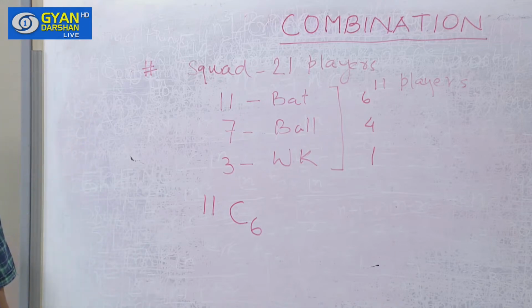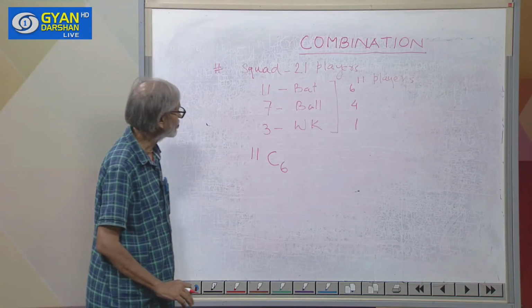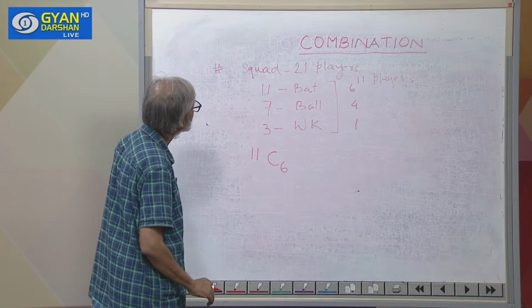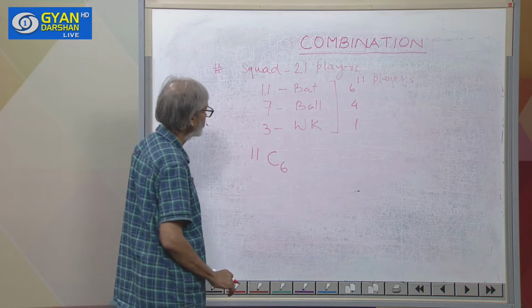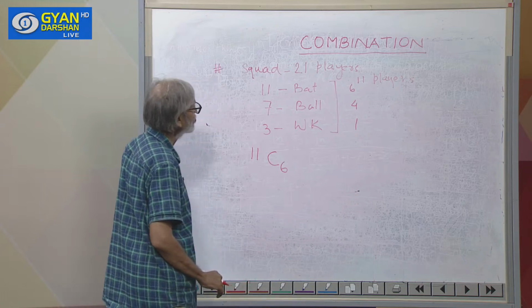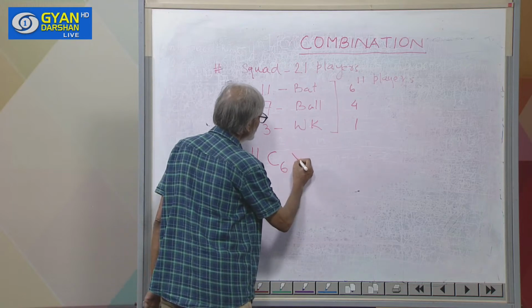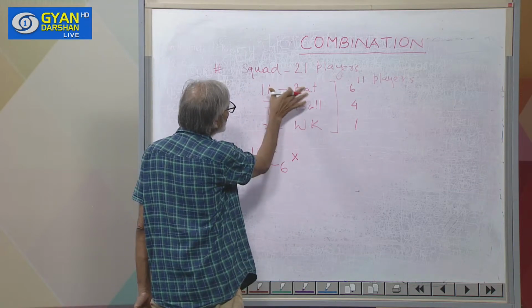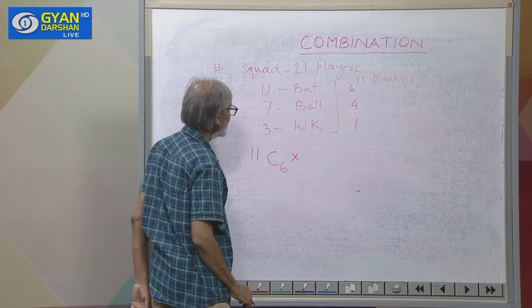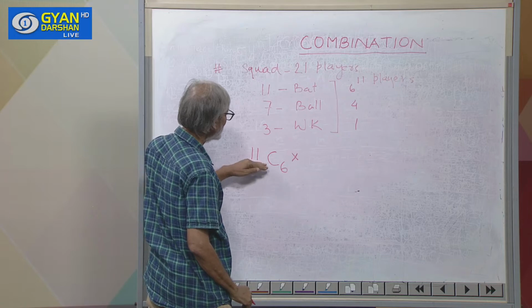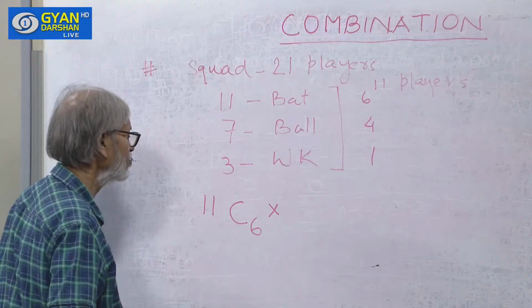Since 11 batsmen are there, you have to select 6 batsmen. So, out of these 11, you can choose 6 batsmen in 11C6 ways.